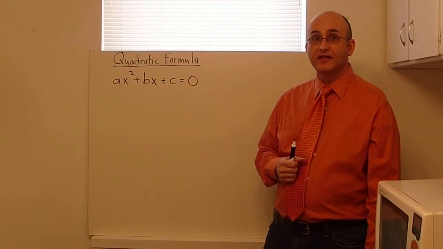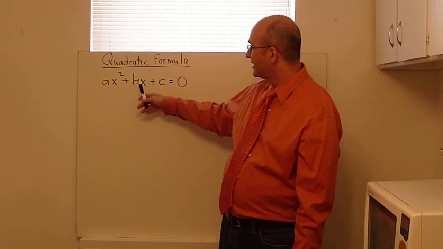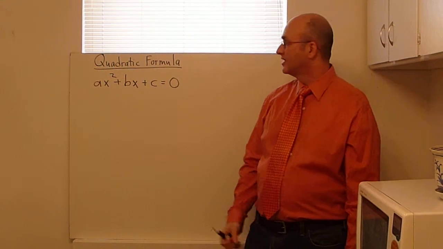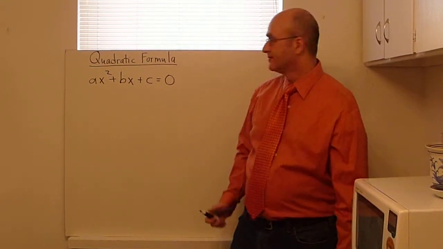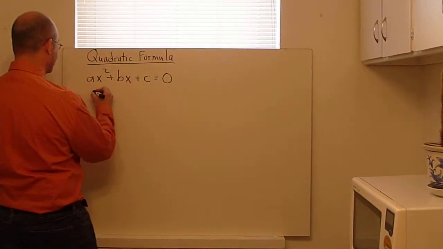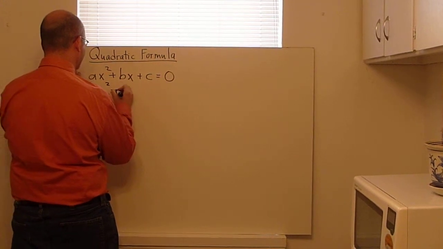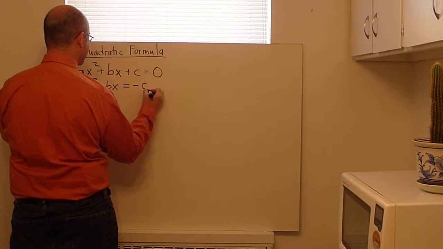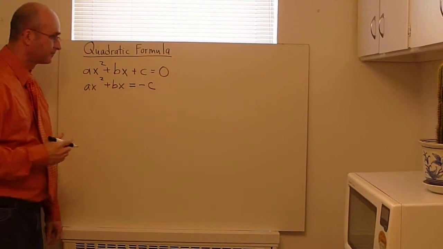So the first thing, remember our goal here is we want to try to get the x on the left-hand side. So the first thing we do is get rid of this c. We'll move it to the other side of the equation. Okay.